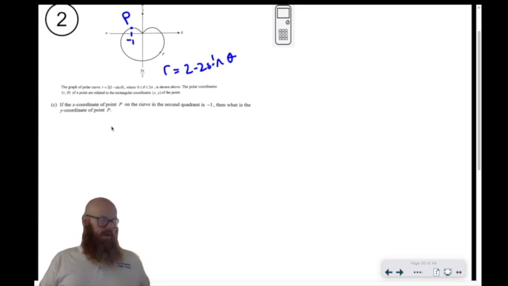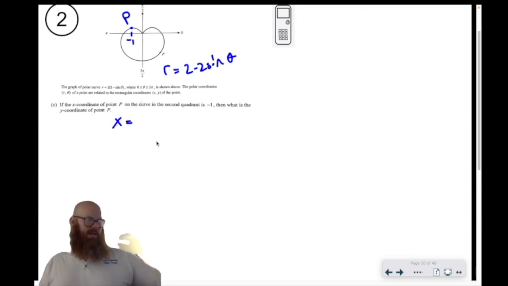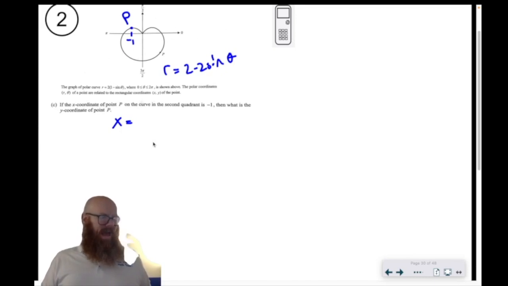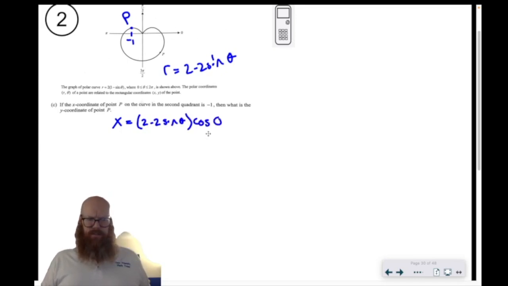Well, what we know from before, and we did it back in part A, is that x was equal to 2 minus 2 sine theta times cosine theta, and y was equal to 2 minus 2 sine theta times sine theta.